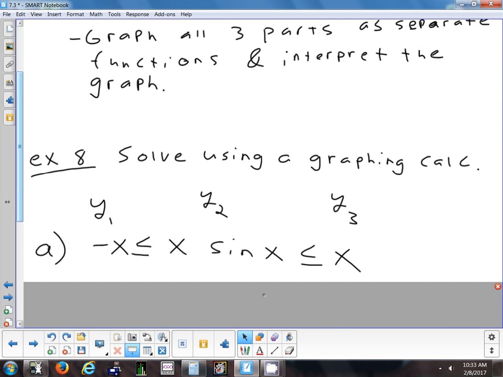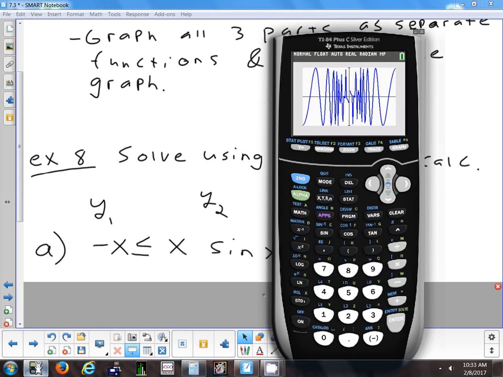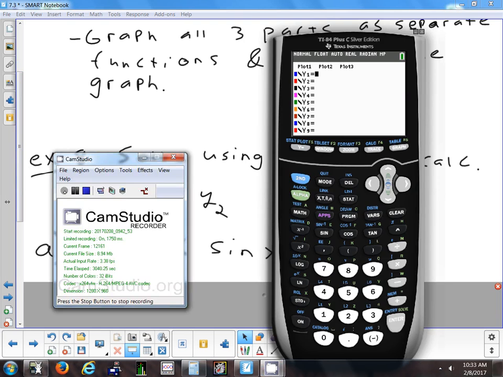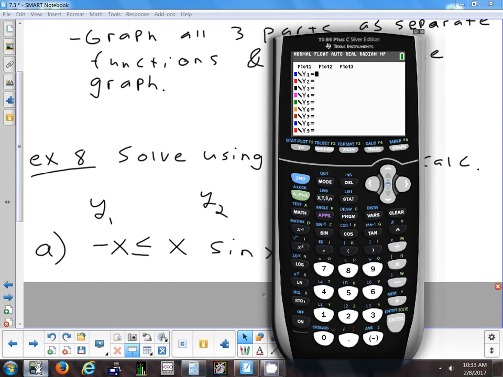It's a line with a slope of 1, and it goes through the origin. So let me graph those two first. I'll graph negative x in blue, and positive x in black. And let's do zoom 7.